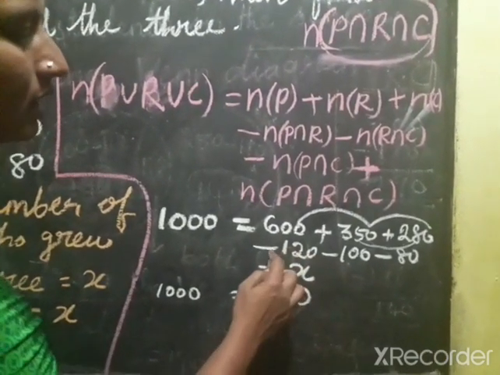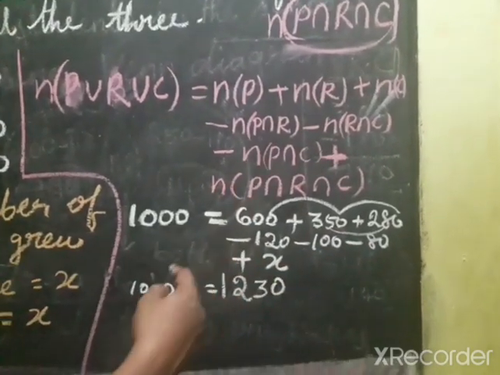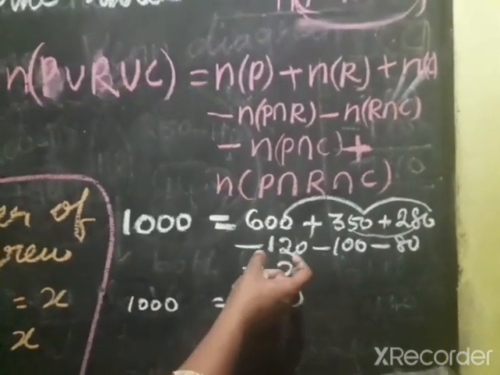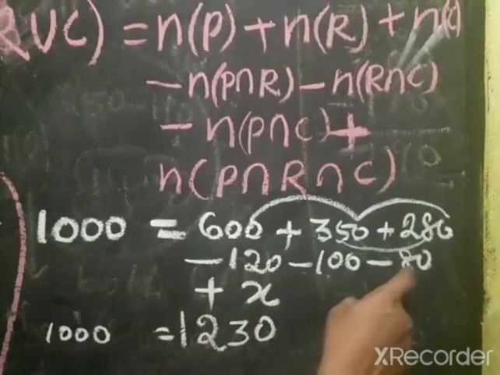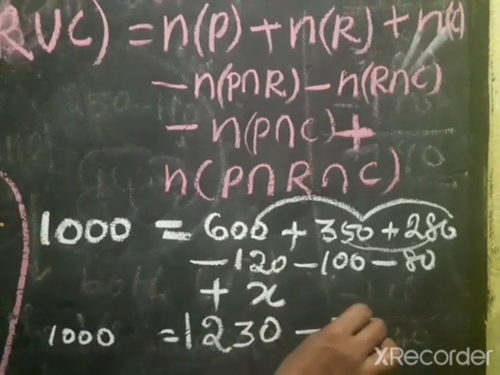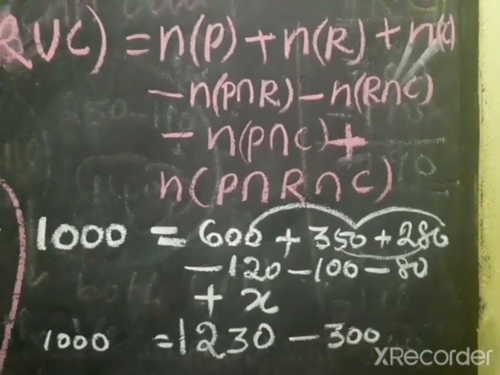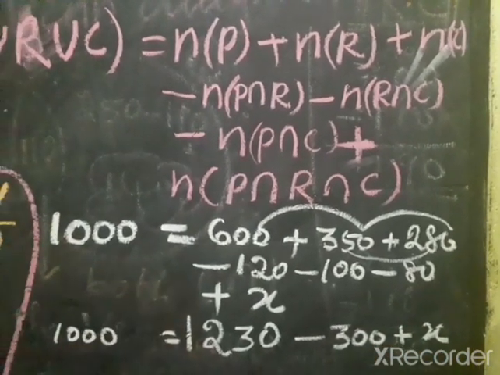And then next minus 120 minus 100 minus 80. You know very well from algebra, same signs mean add and put the same sign. So adding these three values we get 300, and put the same sign, minus 300, plus X. X only we have to find out now.